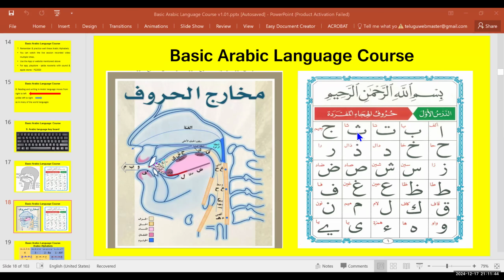Ba, ta, tha. The shape is the same. The only difference is the position of the dot and the number of dots. Jim, ha, kha. The shape is the same. The dot changes the letter. If the dot is below, it is jim. Without a dot, it is ha. With a dot above, it is kha. These are the 3 letters.